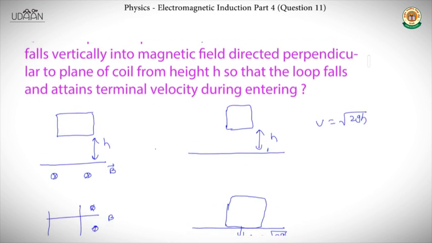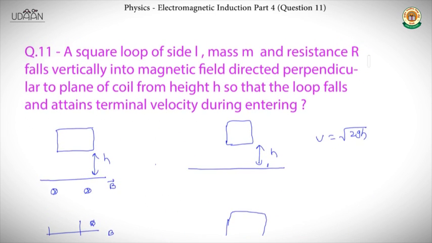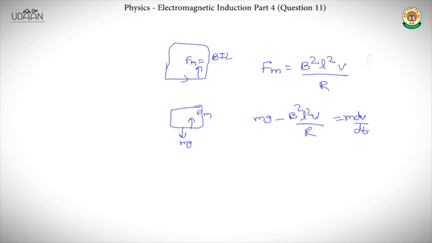Now they have given that it should fall with a constant velocity. If it should fall with a constant velocity, the acceleration must be 0. That's right. So dv by dt must be 0. If dv by dt must be 0, then mg must be equal to B square L square v by R when the loop is going to enter the magnetic field.